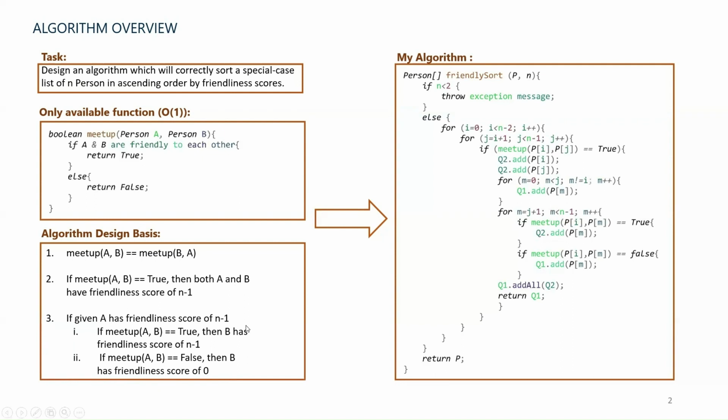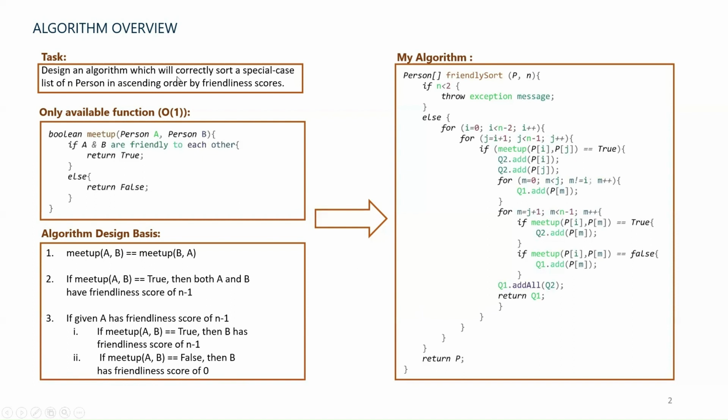So if I found a person with score n-1 and call meetup with other people, I'll know the other people's friendliness score right away. I'll mention these later again.